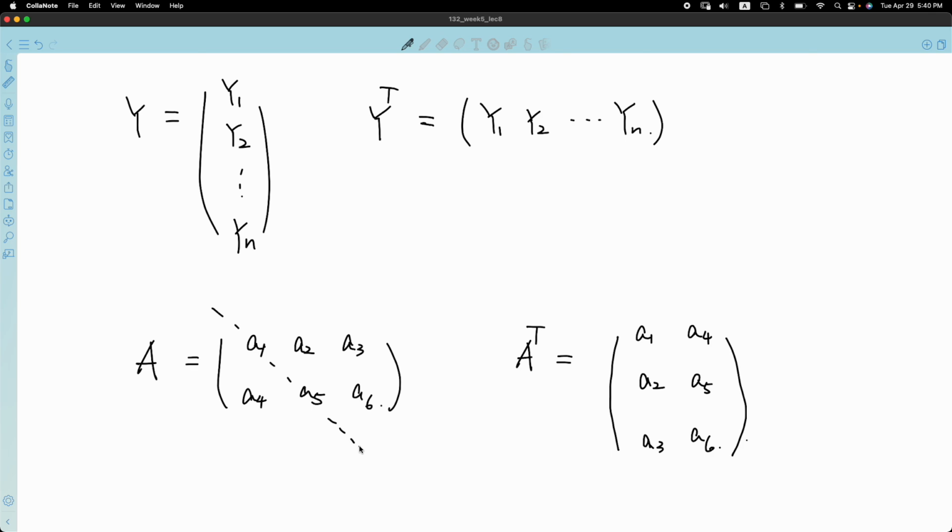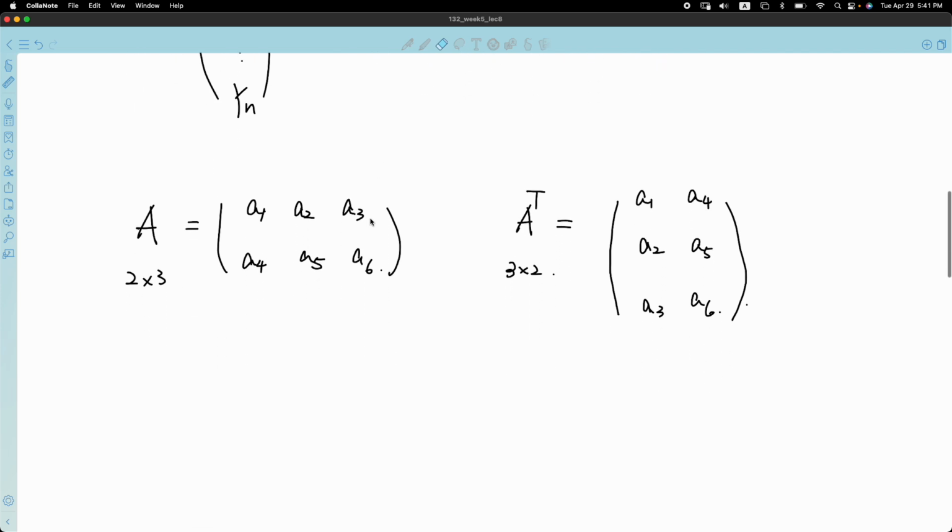So you started with a 2 by 3 matrix. After the transpose, you will end up with a 3 by 2. That is the definition of the transpose of a matrix.